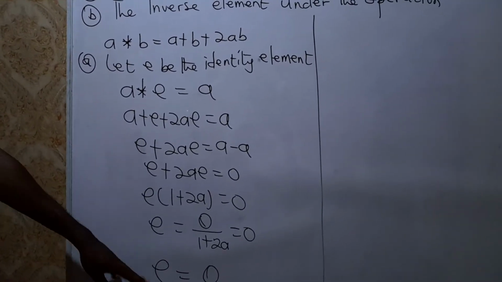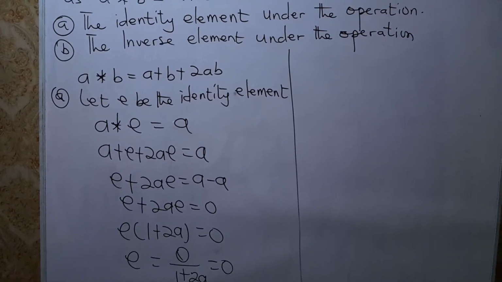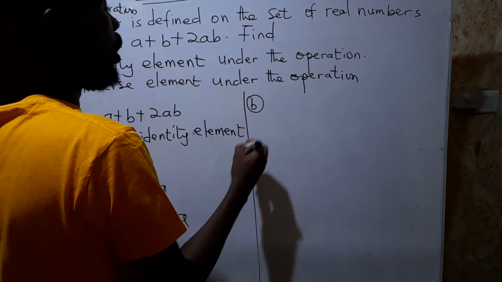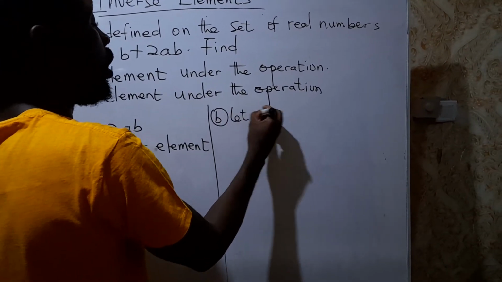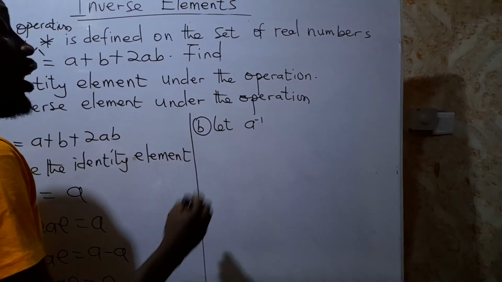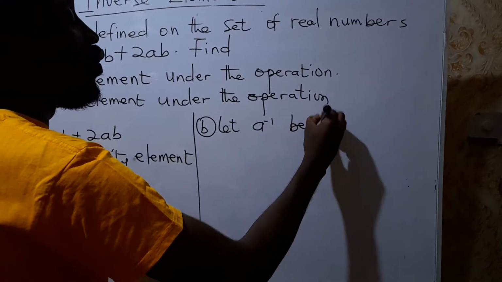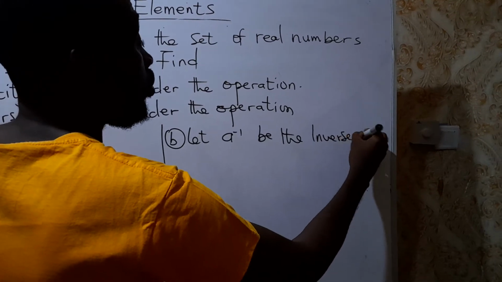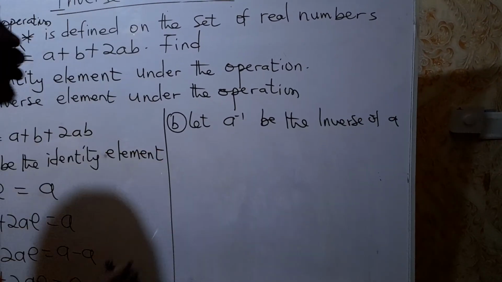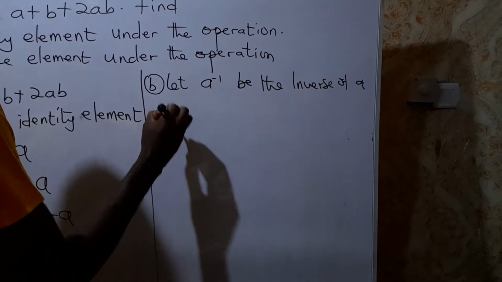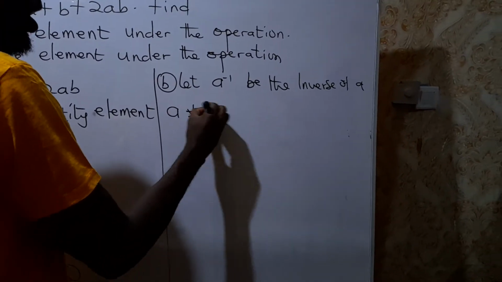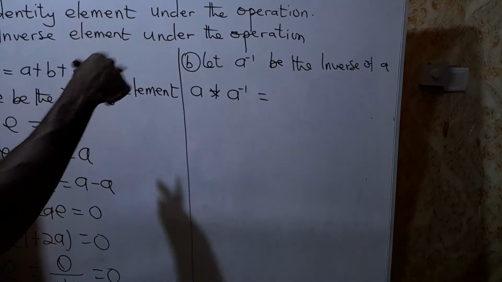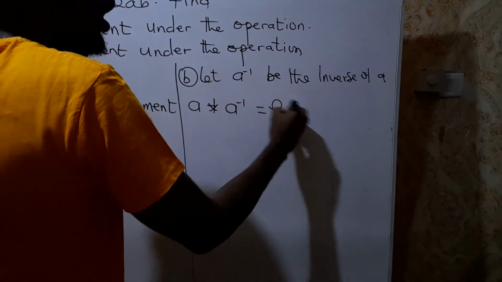Now since we know the identity element, we can find the inverse element. Remember, we said the inverse, so we should let A exponent negative 1 be the inverse of A. So we can say that A star A inverse. Remember, we said the inverse element is such that when it is combined with the element, it will give the identity element.